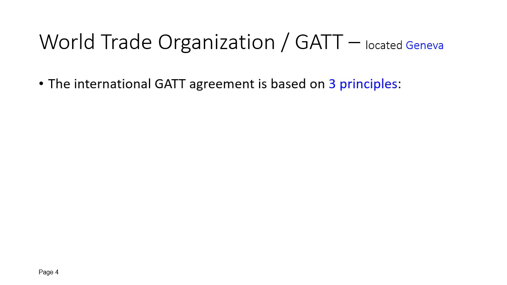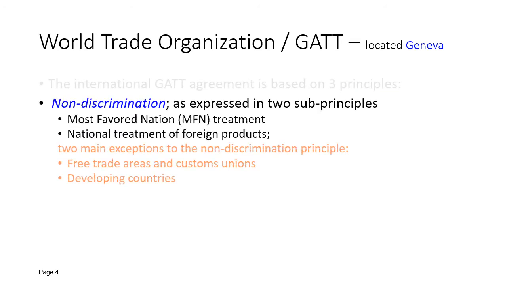The first key principle that existed for GATT and for the World Trade Organization is the idea of non-discrimination. All members have to apply non-discrimination.